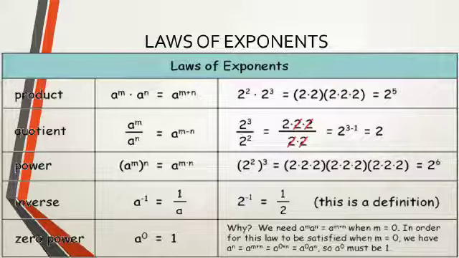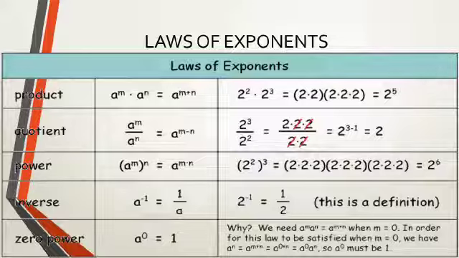Suppose that we have to get a quotient, then a^m divided by a^n gives a^(m-n). Here is an example: 2^3 divided by 2^2 equals 2 into 2 into 2 divided by 2 into 2, which equals 2^(3-1) equals 2.